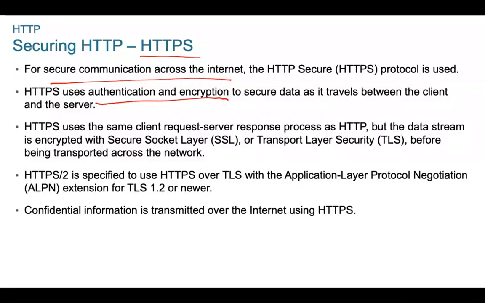With authentication and encrypted data exchange between client and server, HTTPS uses the same client request-response process, but the data stream is encrypted with Secure Socket Layer or Transport Layer Security, which we call TLS.